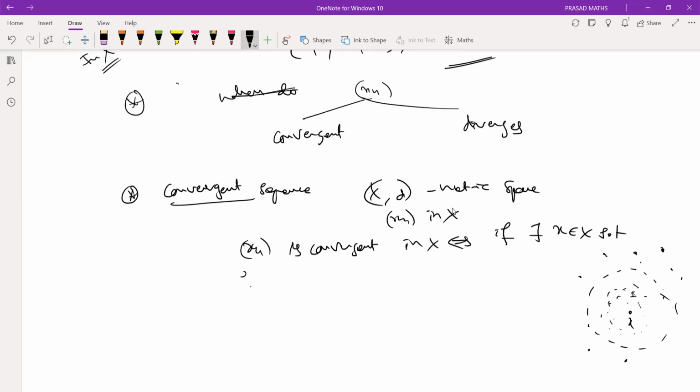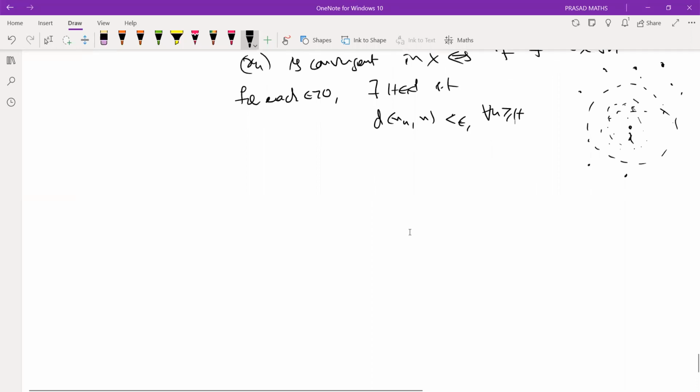That means for any neighborhood of x, there exists at least one stage h such that the distance from xn to x is less than epsilon for every n after the finite stage h. That is equivalent to saying xn belongs to the ball with center x and radius epsilon after the stage.